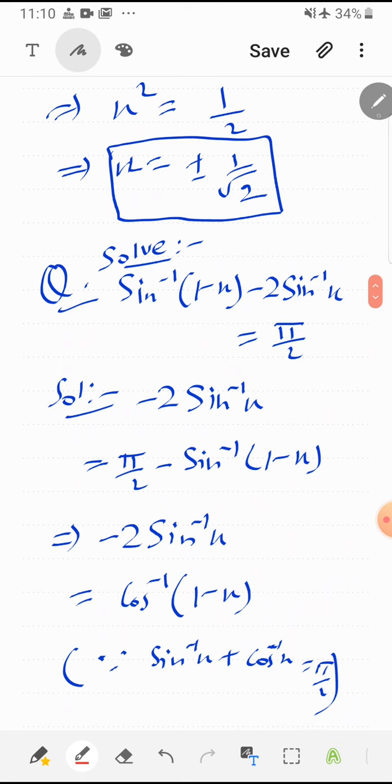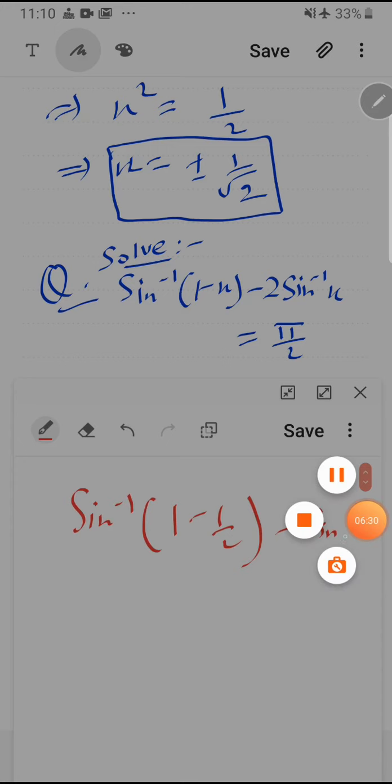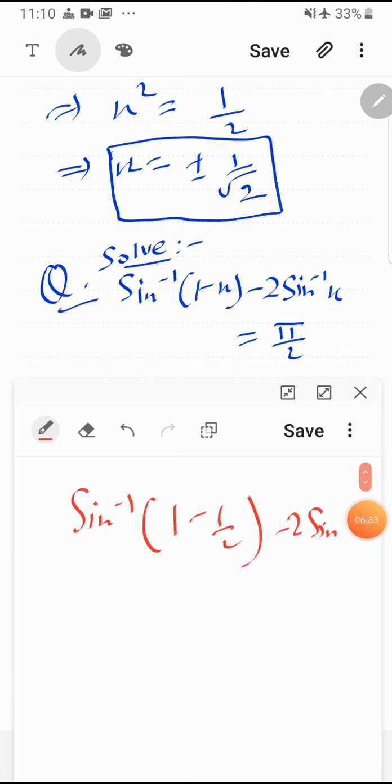So how will I check? Simple, I will put half in the equation. So sine inverse of 1 minus half minus 2 sine inverse half, so the left hand side becomes sine inverse half minus 2 sine inverse half.